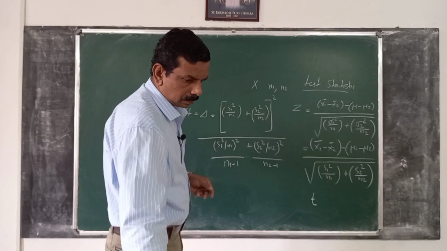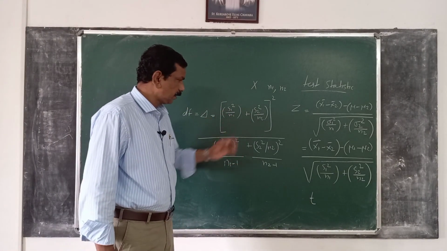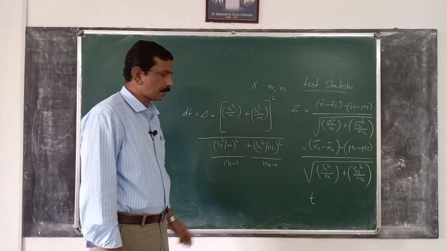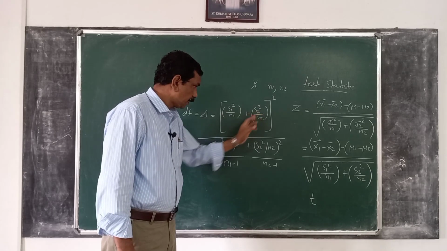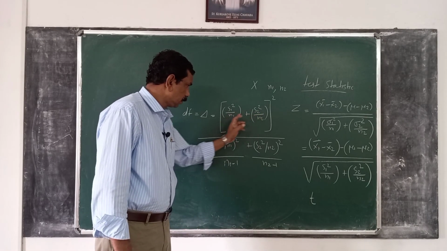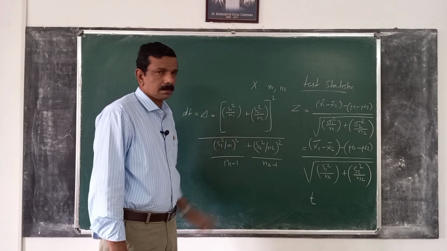And this formula can be calculated if you know the sample variances of population 1 and 2 and also the sample sizes n1 and n2.